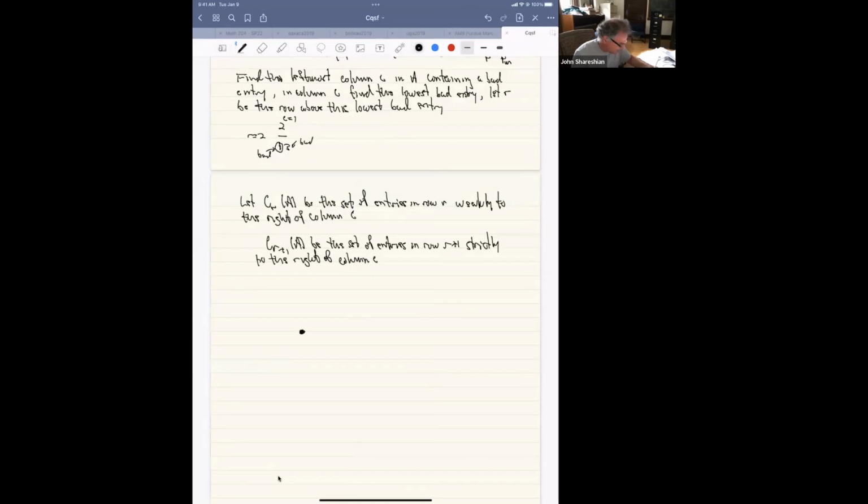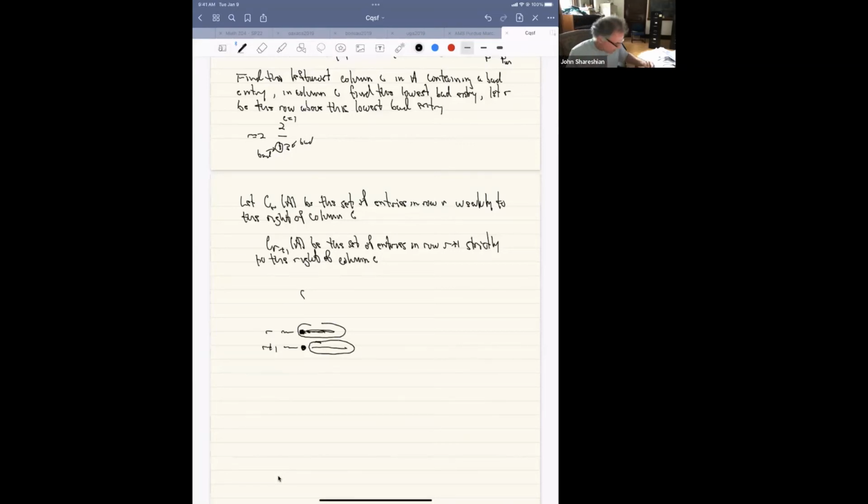Here's the bad entry, R plus 1. Here's column C. There might be stuff here, there's stuff here, and there's stuff here. And I'm going to pick all of this. Here's the bad entry. And I'm going to pick all of this. Okay. That's how it looks.